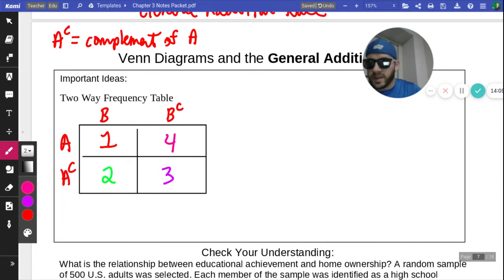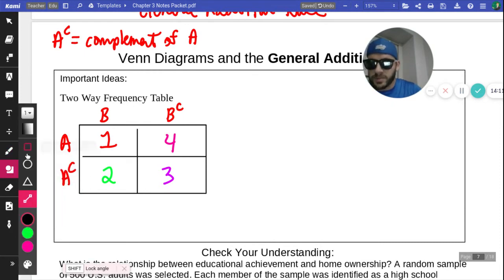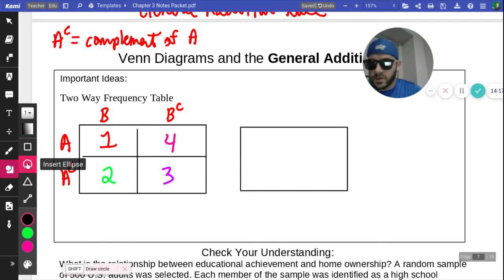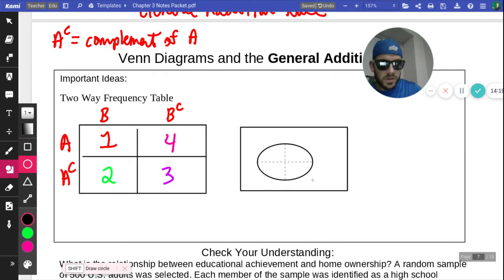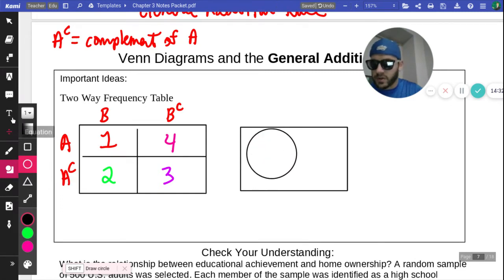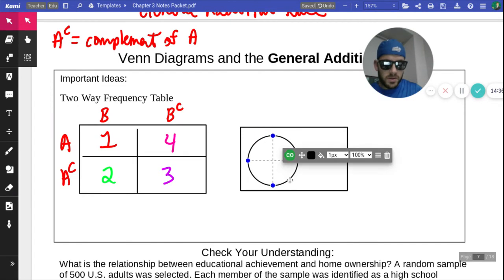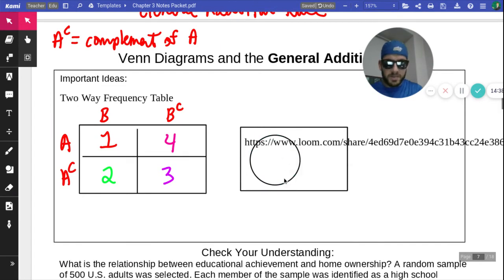And we're going to draw our Venn diagram. So we're going to get our shape tool out. We're going to draw a rectangle. We're going to insert some circles. Move that circle slightly. There we go. That's how you make a circle. Let's copy it.